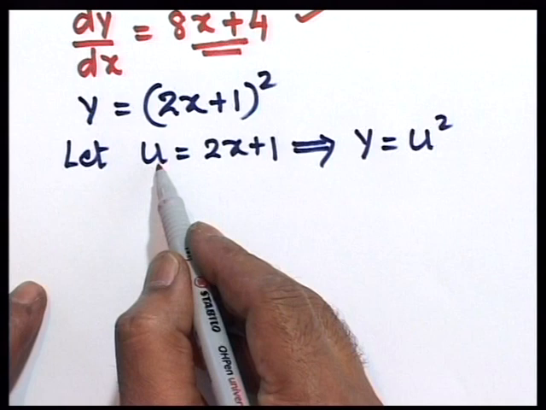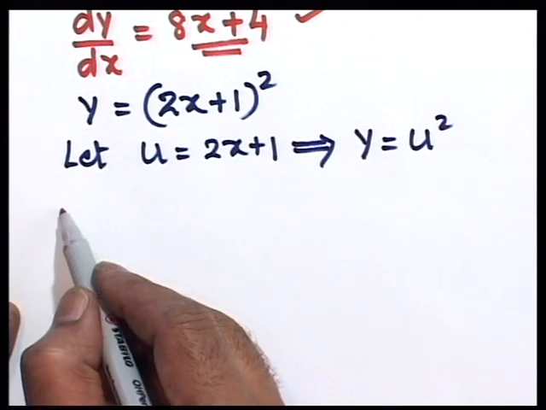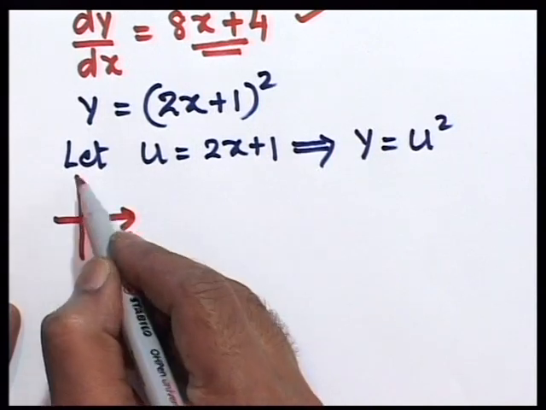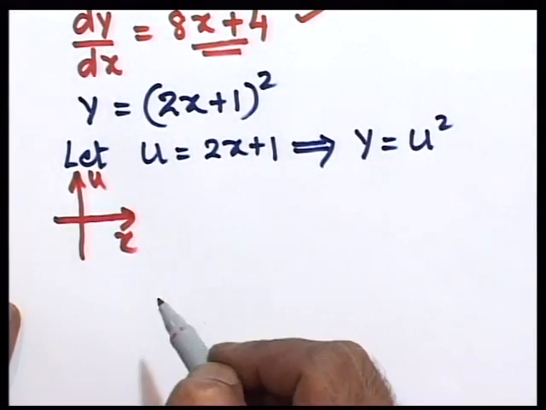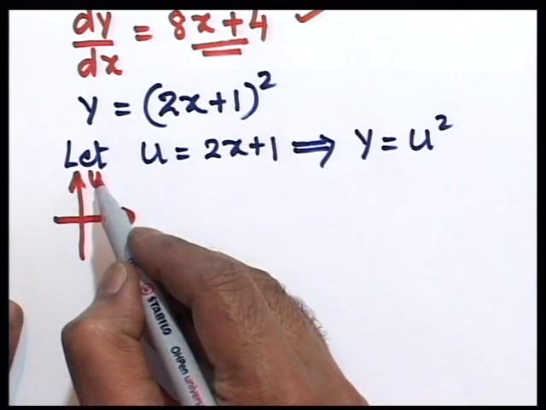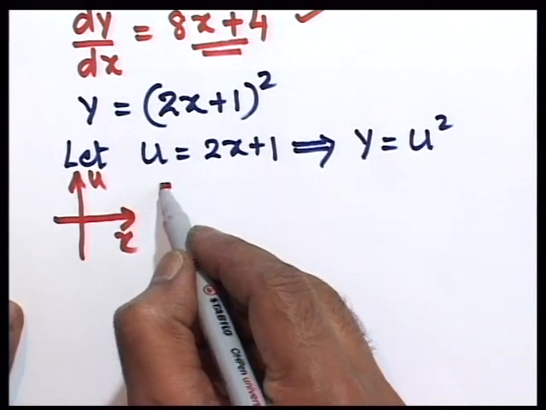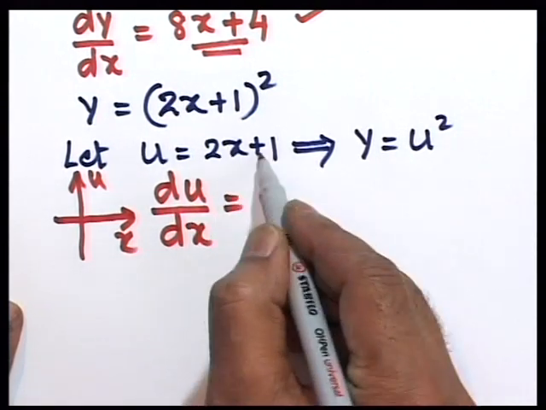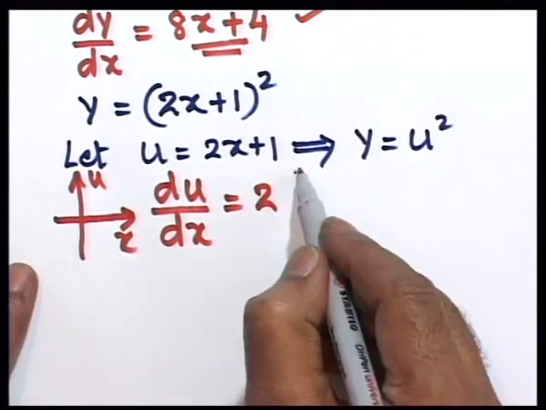We differentiate u with respect to x. If you watch the screen please, this is the x-axis and that's the u-axis. So we can differentiate u with respect to x, and that comes to du/dx = 2. Okay, that's done.